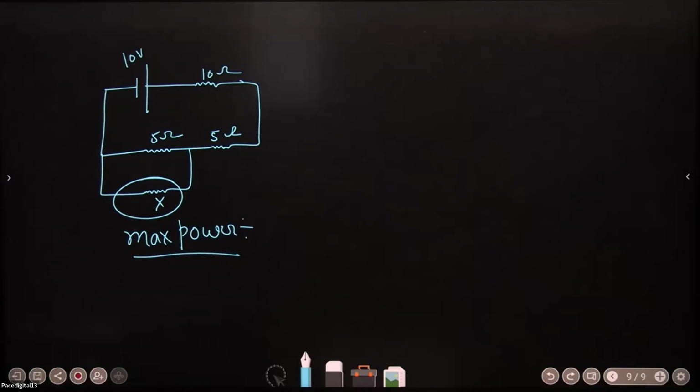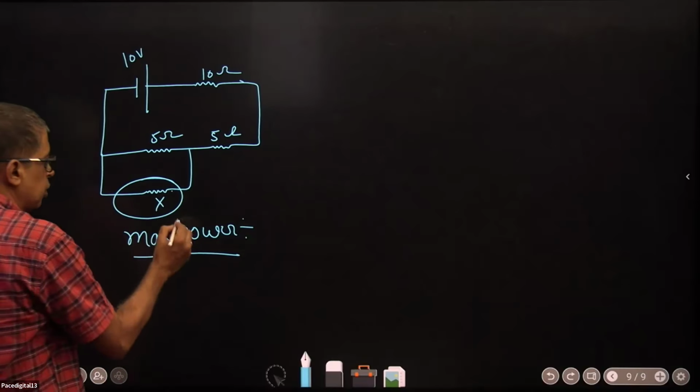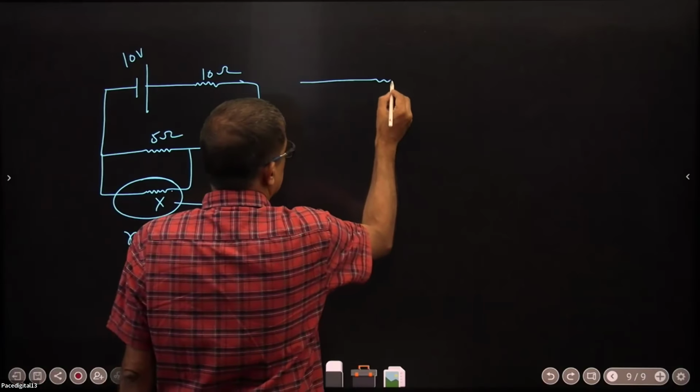The problem is easy, you should be able to solve. For maximum power through this, what should its resistance be?